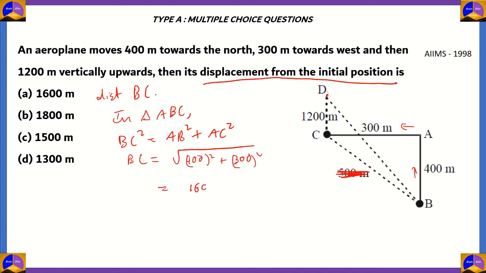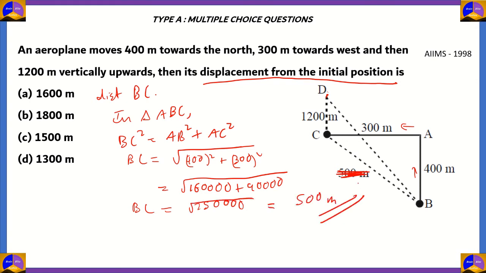That means you'll get 160,000 plus 90,000, the whole root. As BC will now be equal to the root of 250,000, which is equal to 500 meters.